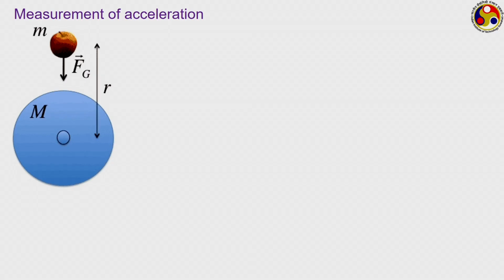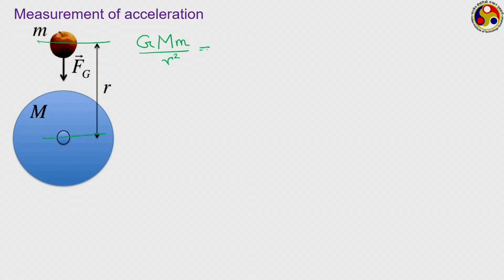Like applying Newton's law of gravitation, we know that if the mass of earth is capital M and the mass of the small body is small m, then the corresponding gravitational force acting on them will be equal to G M m by r square, where r is the distance from the center of earth to the centroid of the body.